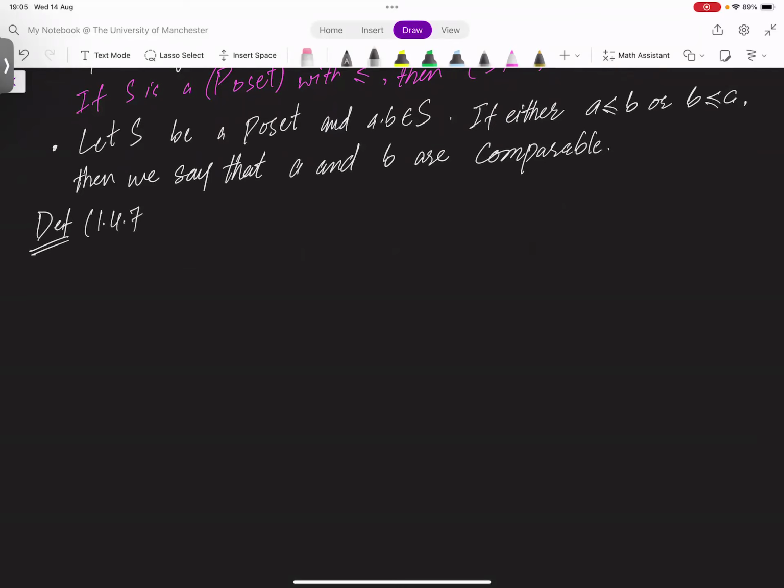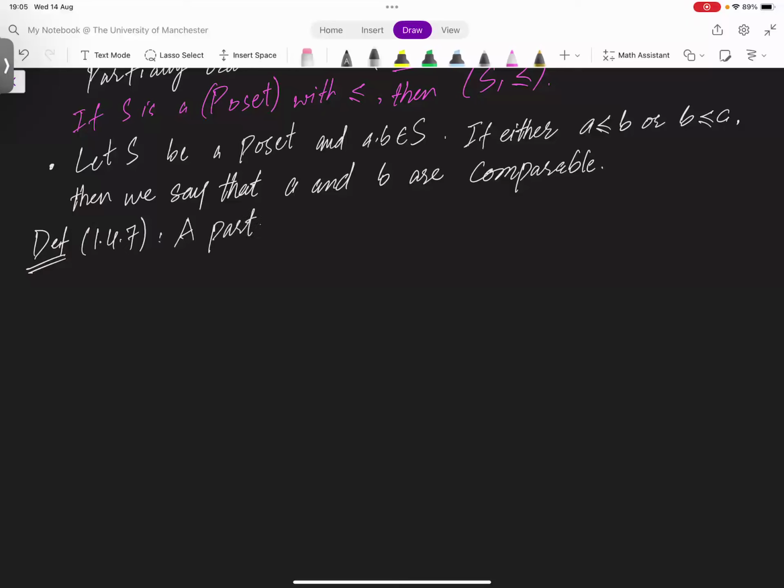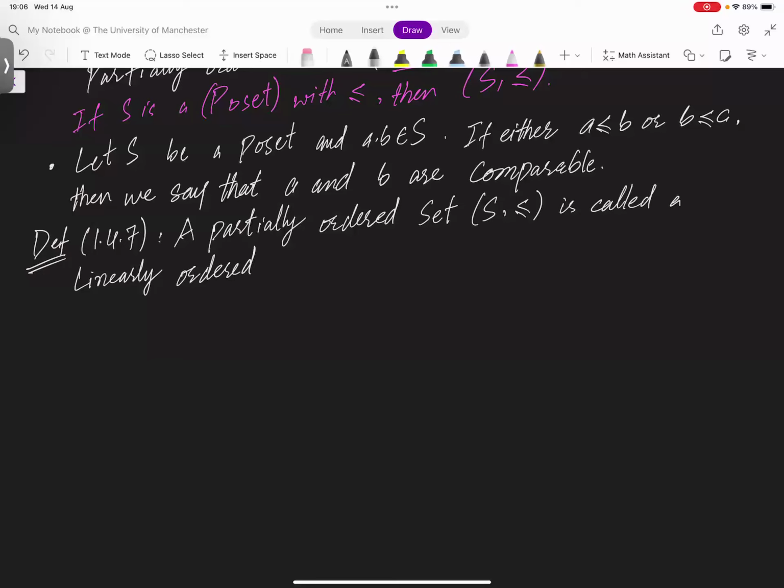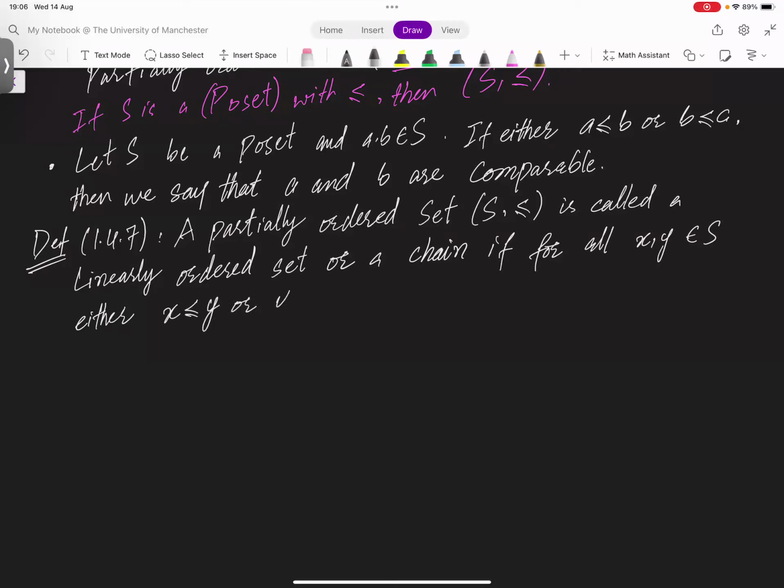Definition 4.7: a partially ordered set with this less than or equal to partial order is called a linearly ordered set or a chain if for all x, y inside this set S, either x is less than or equal to y, or y is less than or equal to x.